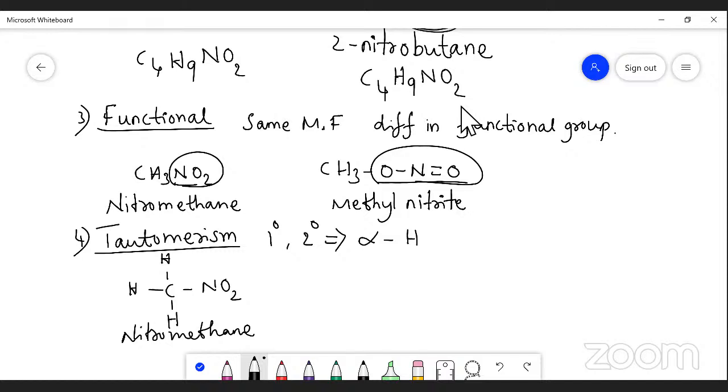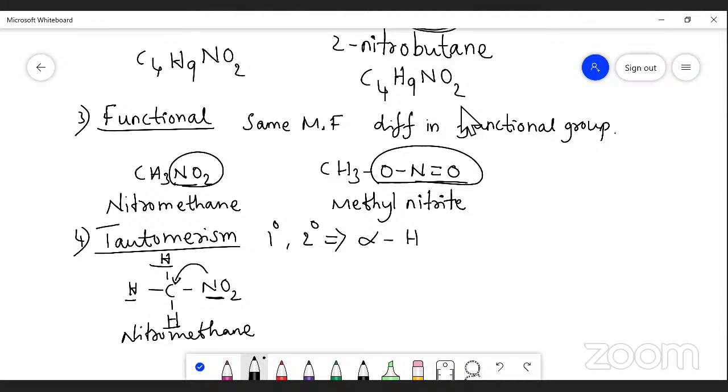NO2 is the functional group. The carbon attached to the functional group contains hydrogen, and this hydrogen is called the alpha hydrogen. Here, 3 alpha hydrogens are available. So primary and secondary nitro compounds having alpha hydrogen will undergo a special type of isomerism called tautomerism.